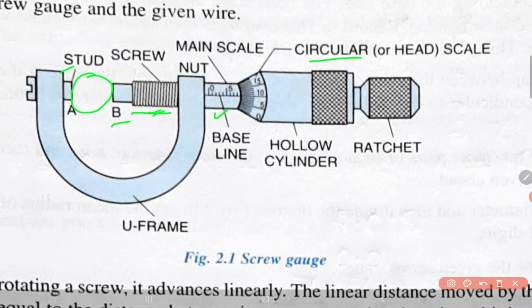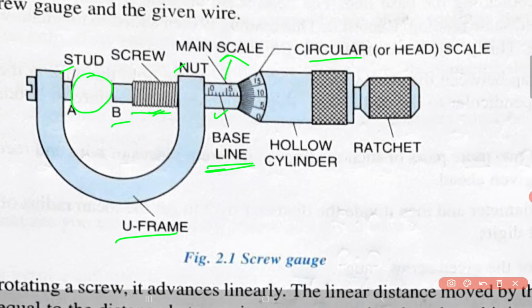Then there is a U frame which holds both the studs, and there is a main scale reading here, like in the case of vernier calipers, under which we have a baseline, which has a very important role in calculating the circular scale reading.